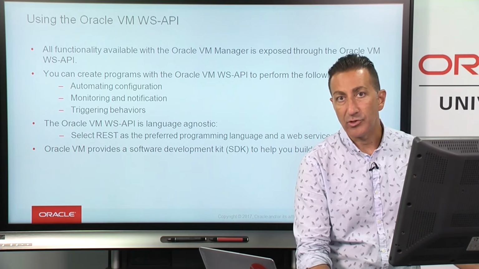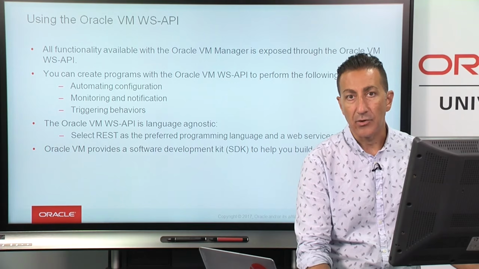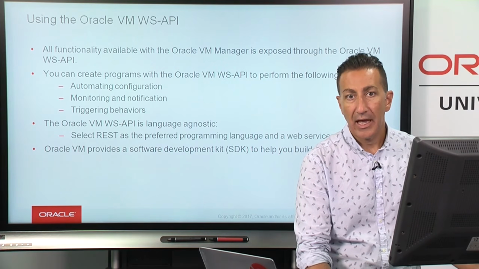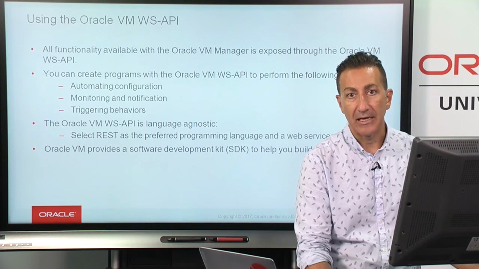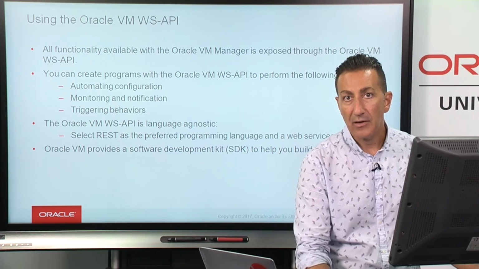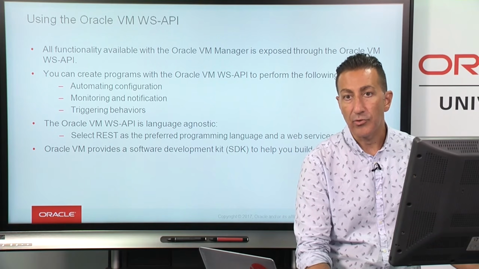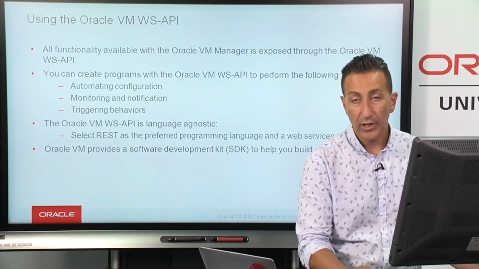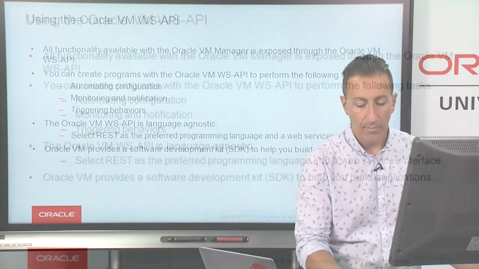I repeat, we have the option to use SOAP, but SOAP is deprecated in the new release 3.4. And Oracle VM provides a software development kit to help you to build applications. Well, you get documentation, for example, on how to use Java or Python to build your applications, to be able to create these management applications, right?